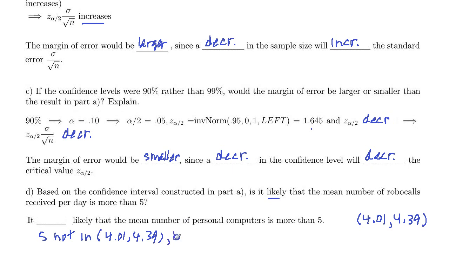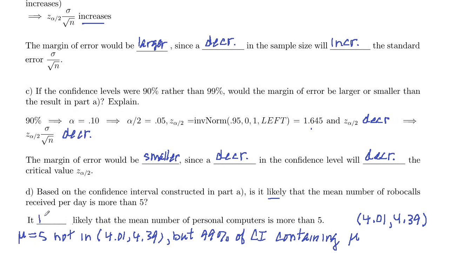But 99% confidence means that 99% of the intervals are going to generate confidence intervals containing the mean. So containing mu. So if your mu was 5 here, that's not in there, and 99% of the time it is.